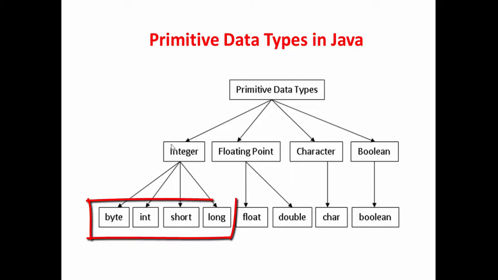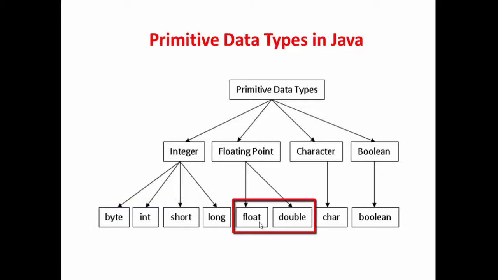Integer is again divided into 4 types: byte, short, int, and long, and floating point into 2: float and double. Character is char and Boolean is boolean. So in total, there are 8 primitive data types in Java.